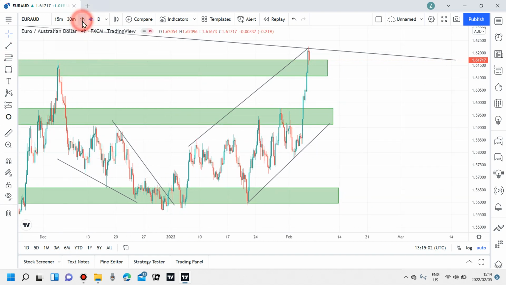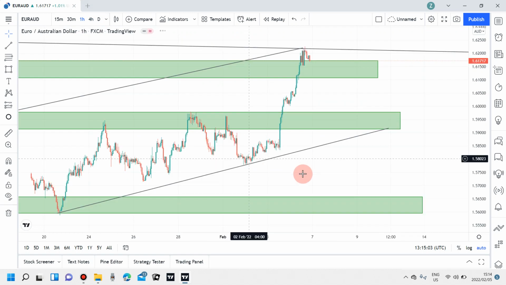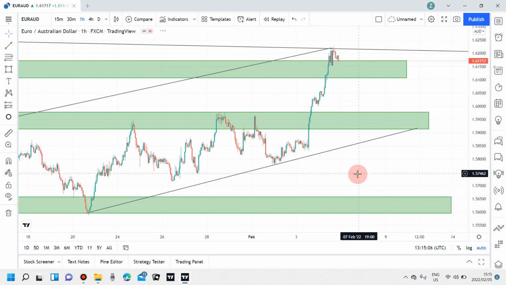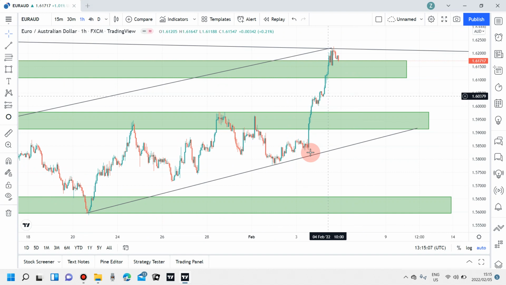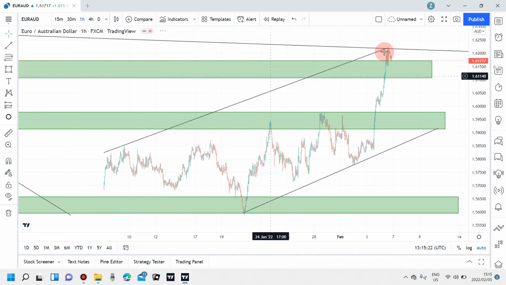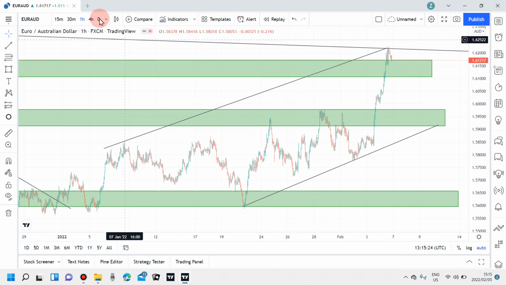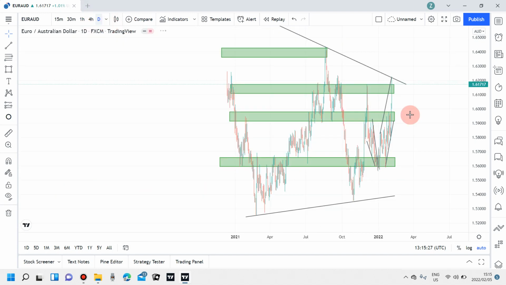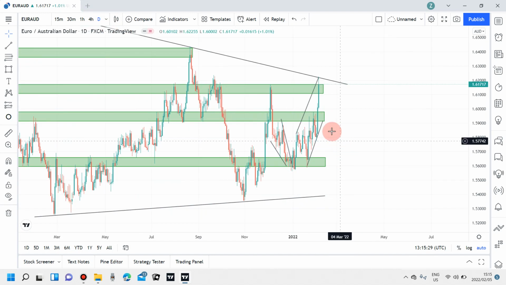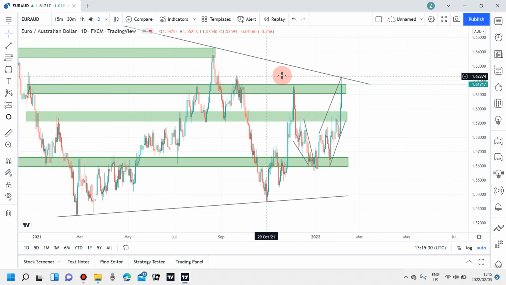So let's move to the 1 hour time frame. On the 1 hour time frame, I see that the market has made a power move to the upside, meaning that it's playing around this zone and it's touching my upper trend line, and it's also touching my overall trend line.